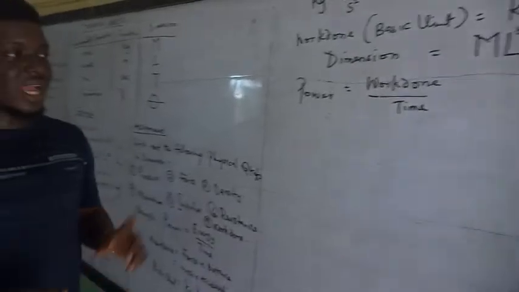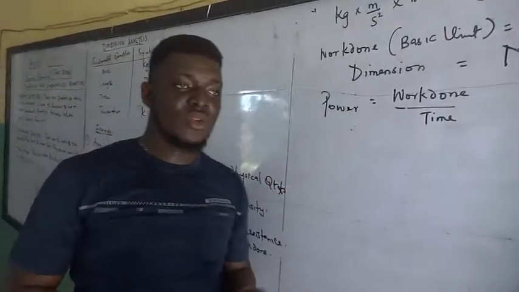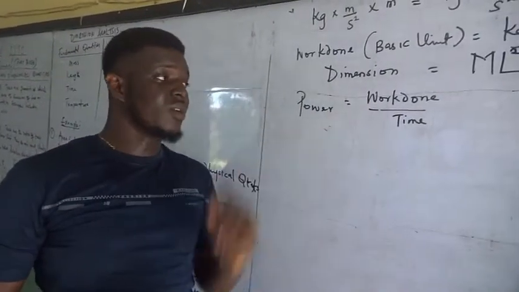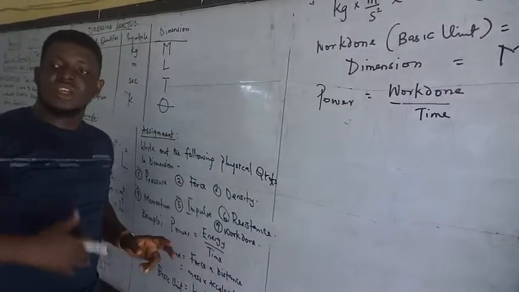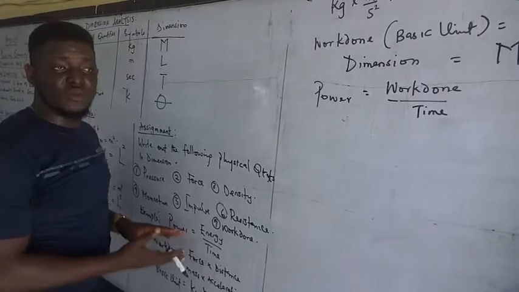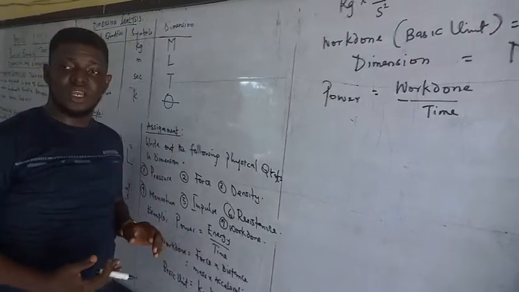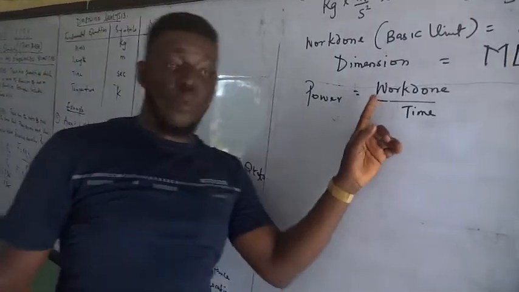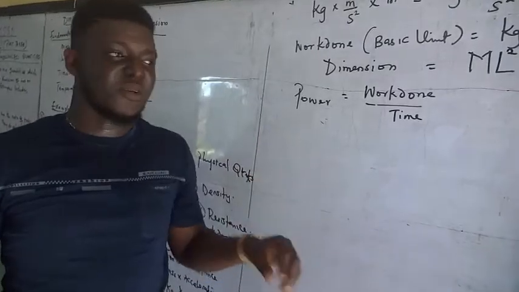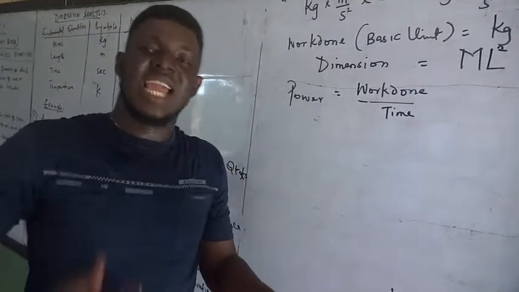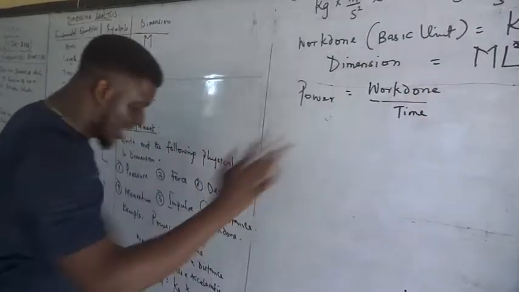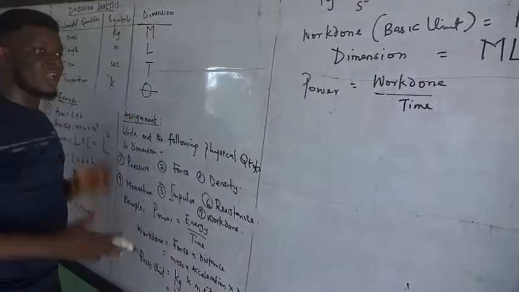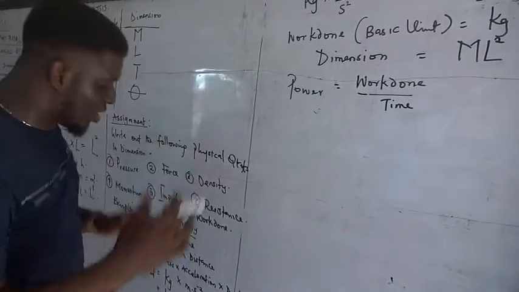Their units are also the same. The unit of work done is in joules, while energy is in joules too. Energy is defined as the ability to do work, and work done is the first item. Before work can be done, energy is actually in play. So work done and energy are the same thing. When we get to that particular bridge, we're going to cross it.